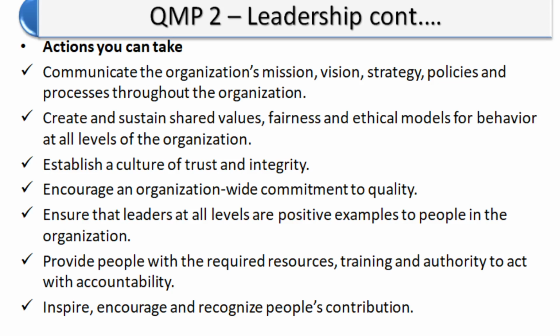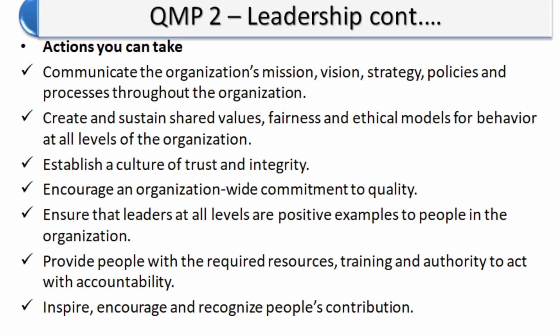I will say you will get recognized all over the organization, and the people who are not following the quality objectives and are not committed, by seeing your recognition they will also start. So this is the policy that you have to establish. This is the culture you have to establish as a leader.